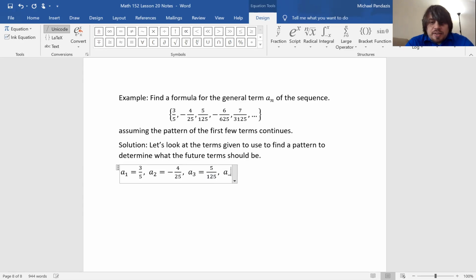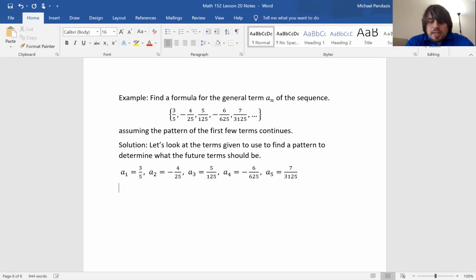Okay. A sub 4 is equal to -6 divided by 625. A sub 5 is equal to 7 divided by 3125. Okay, and then, okay, so these are the terms we have.